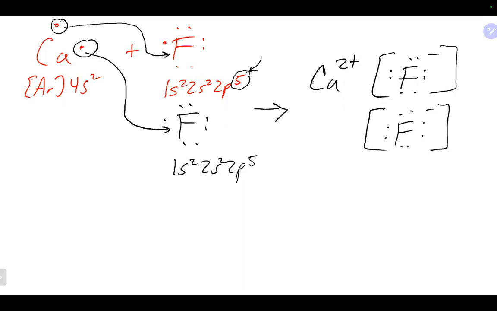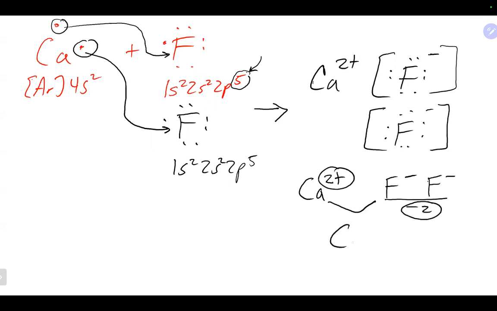And that is why when we talk about naming and putting formulas together, when you take something that is a positive and negative guy and you need to put them together, you need to put them together in the simplest way that gets the charges to 0. And in this case, we would need not 1 fluorine, but 2, gives us -2, and our +2, which gives us our proper formula of CaF2, which is our calcium fluoride formula.